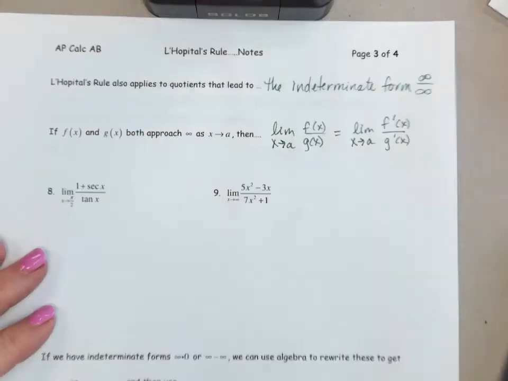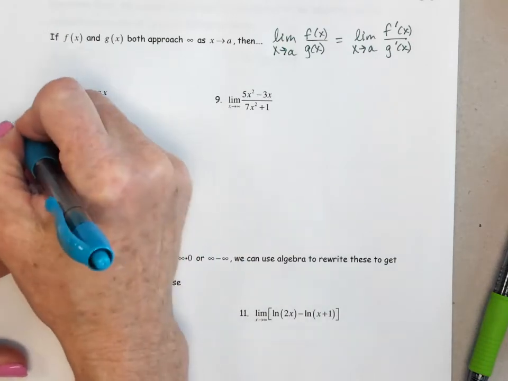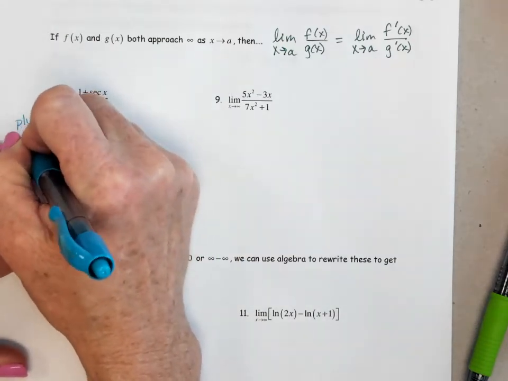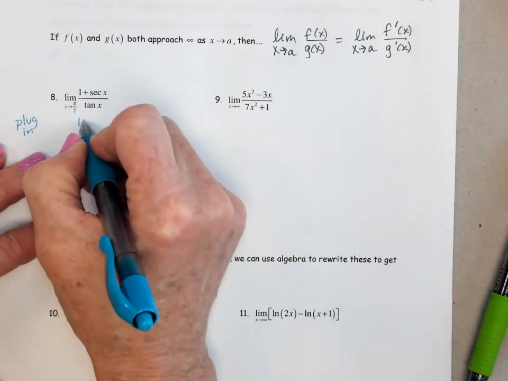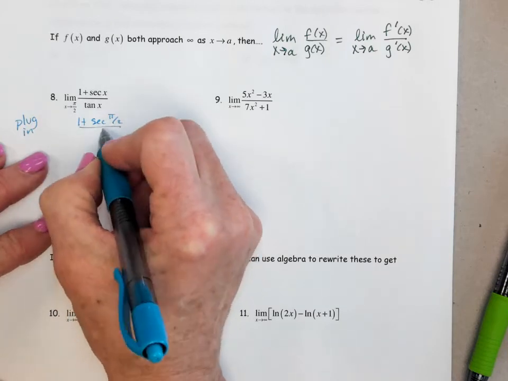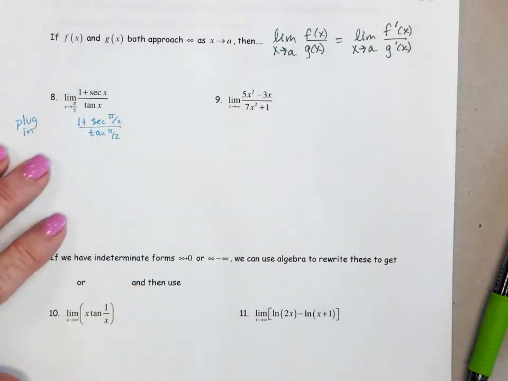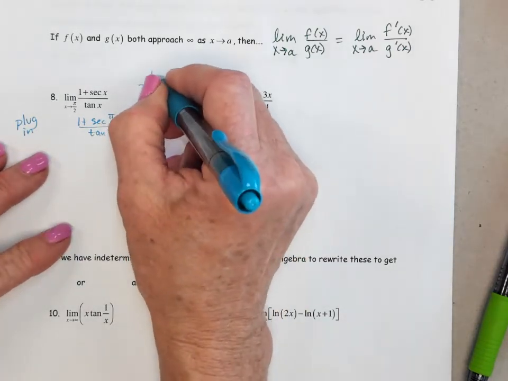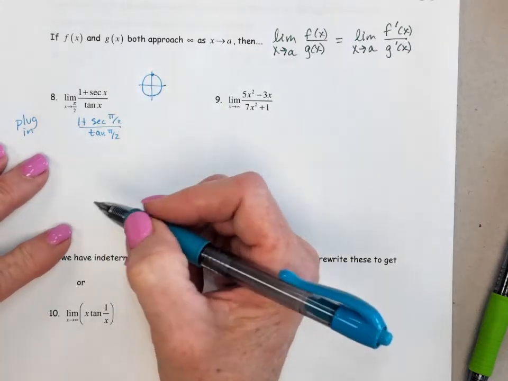If we look at number 8, first let's plug in and make sure that we have this indeterminate form, and we will have 1 plus the secant of pi over 2 divided by the tangent of pi over 2. Pi over 2 is right up here.